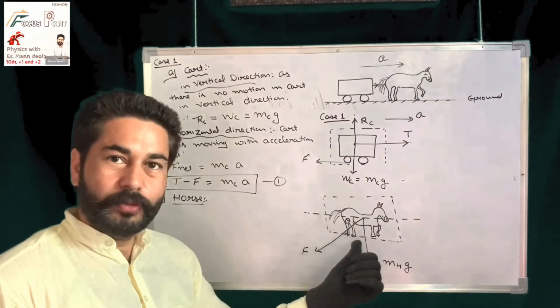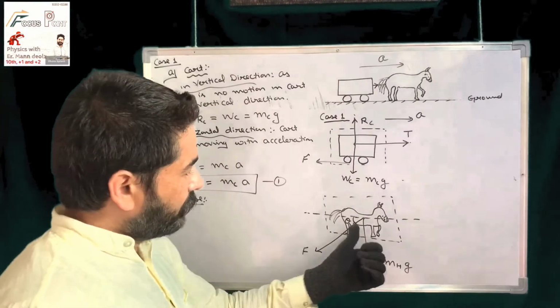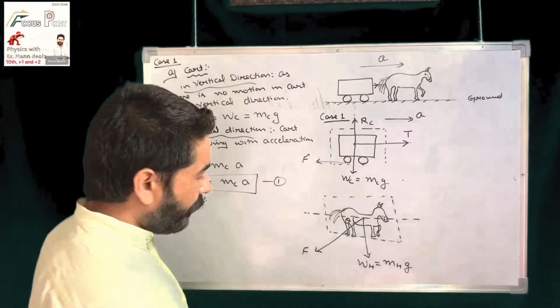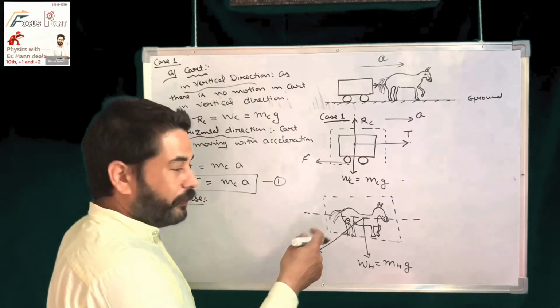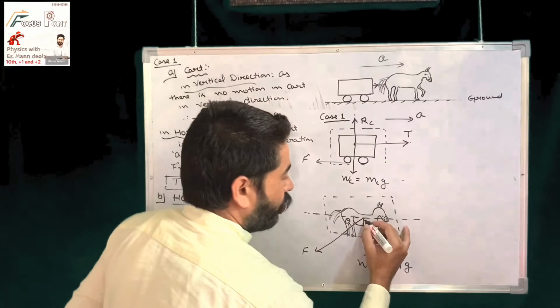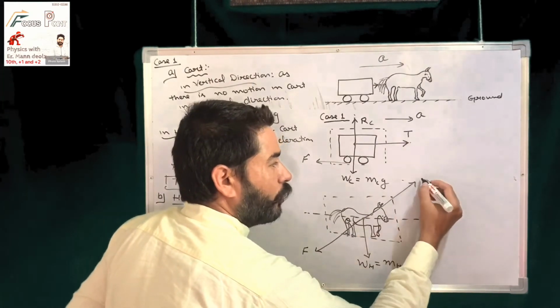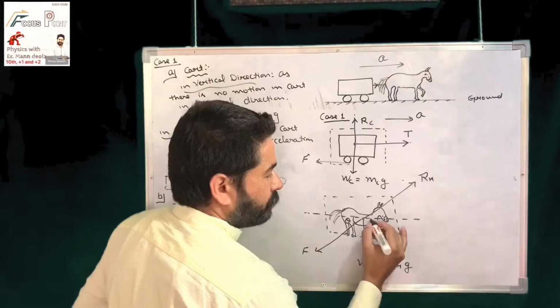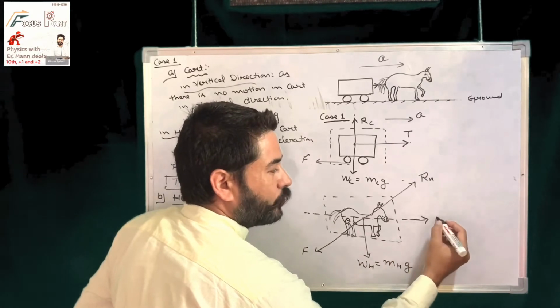So the horse will also apply a force with its feet at some angle to the ground. Then the horse will get an equal and opposite reaction. I can resolve this reaction into two components.